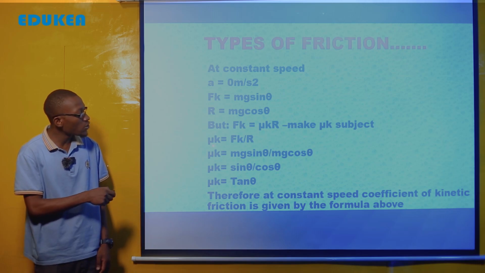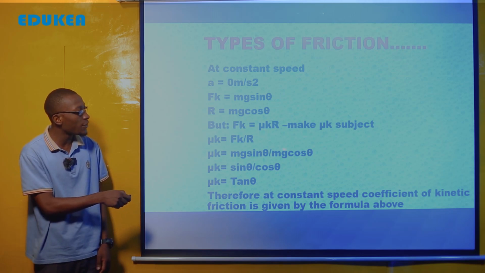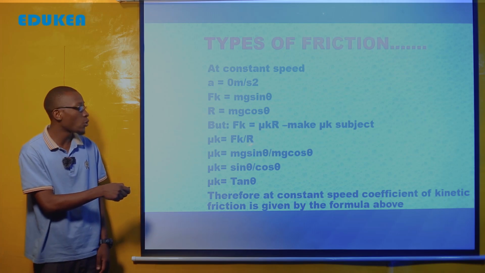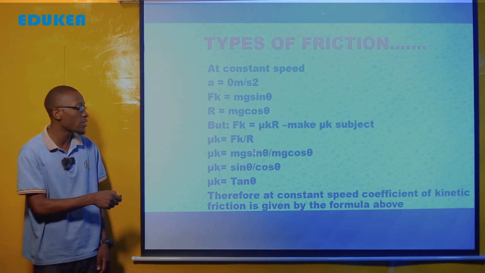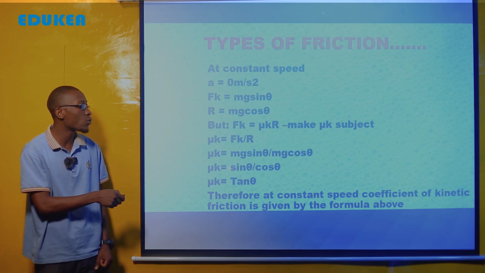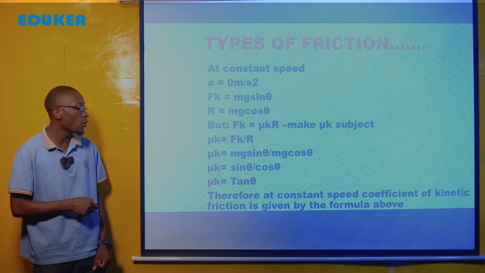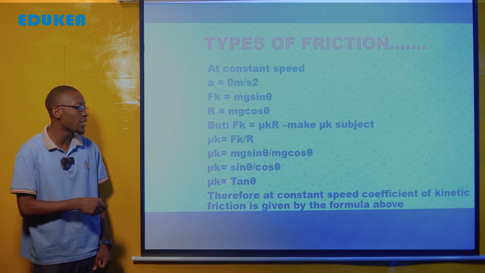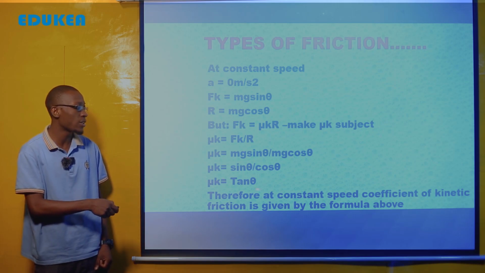Since we have mg sin theta divided by mg cos theta, mg and mg are cancelled out, and the coefficient of dynamic friction becomes sin theta divided by cos theta. So the coefficient of dynamic friction is equal to tan theta.